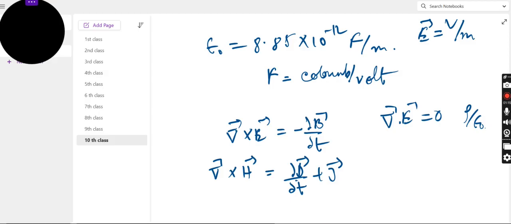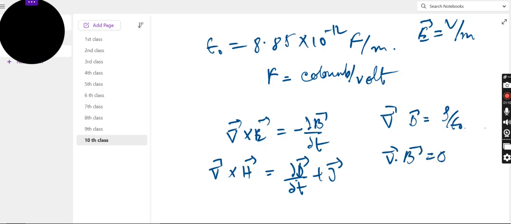And you can say it divergence of D equal to rho. Divergence of B is equal to 0.